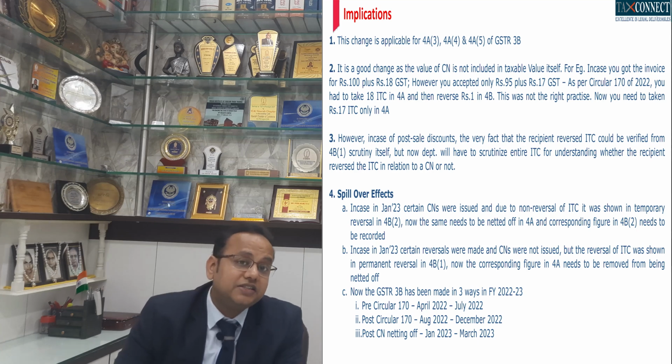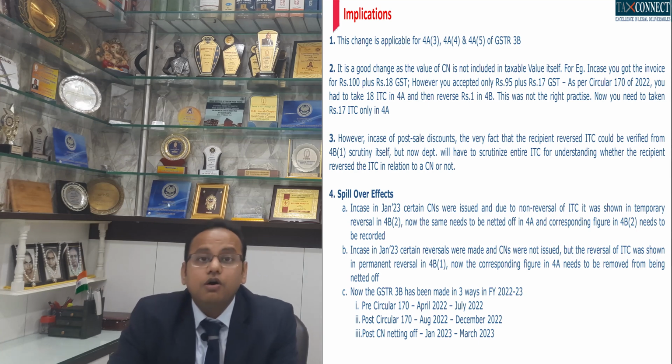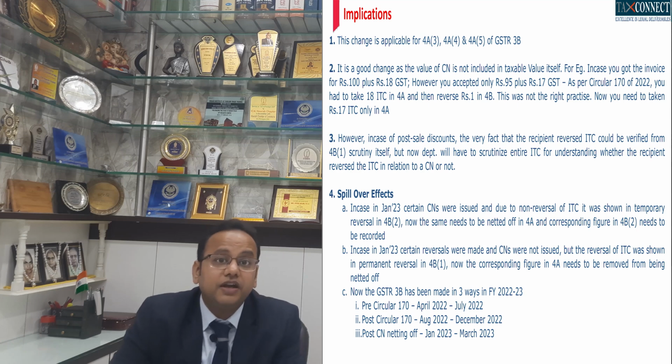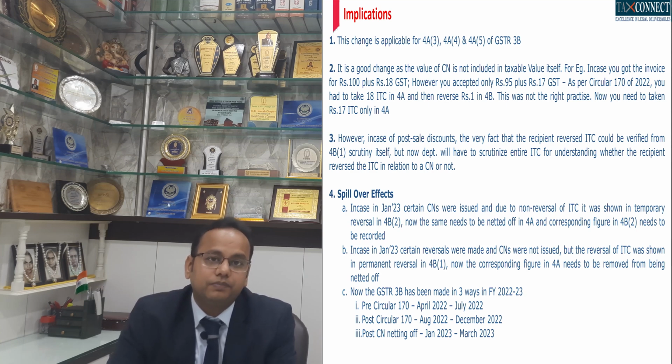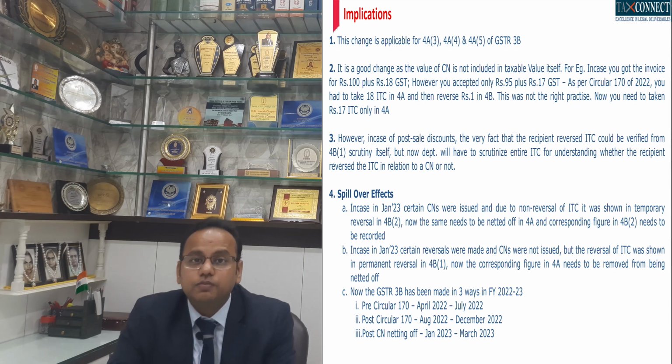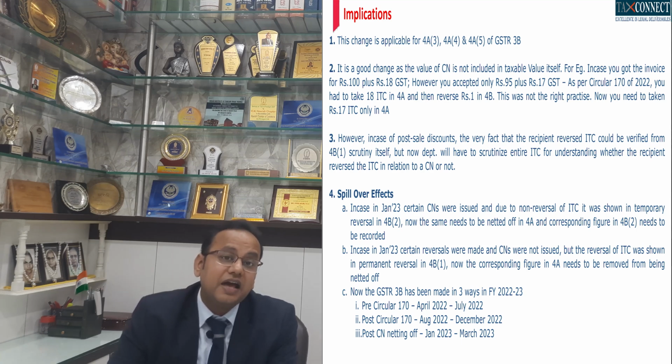Because the corresponding ITC would have been in 4A, or you would have removed it from 4B2 in case you would not have given cognizance to the ITC reversal due to uncertainty. In that case, in the current period, that is January 2023, for which you would be filing the return in February 2023, you would have to show and take the impact as a net of figure in 4A5 or 4A4. So, you have to keep the reconciliation.